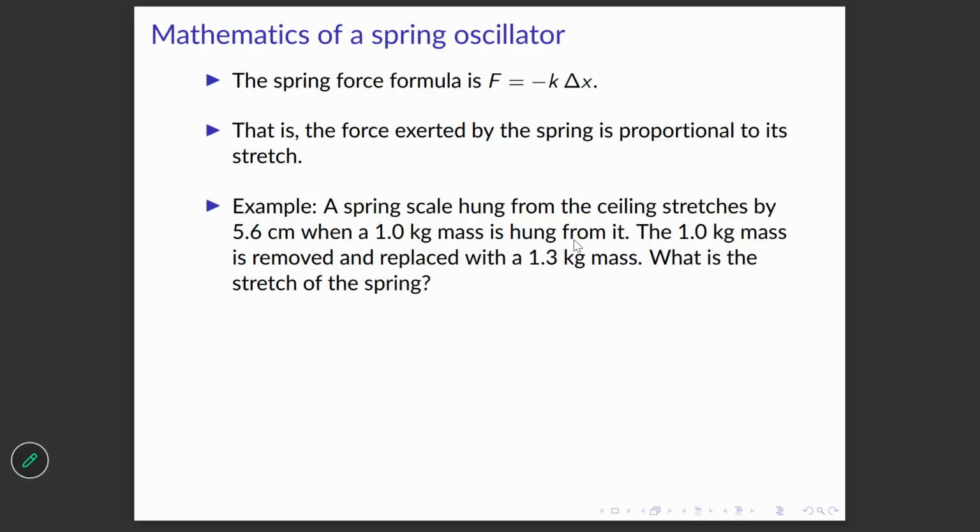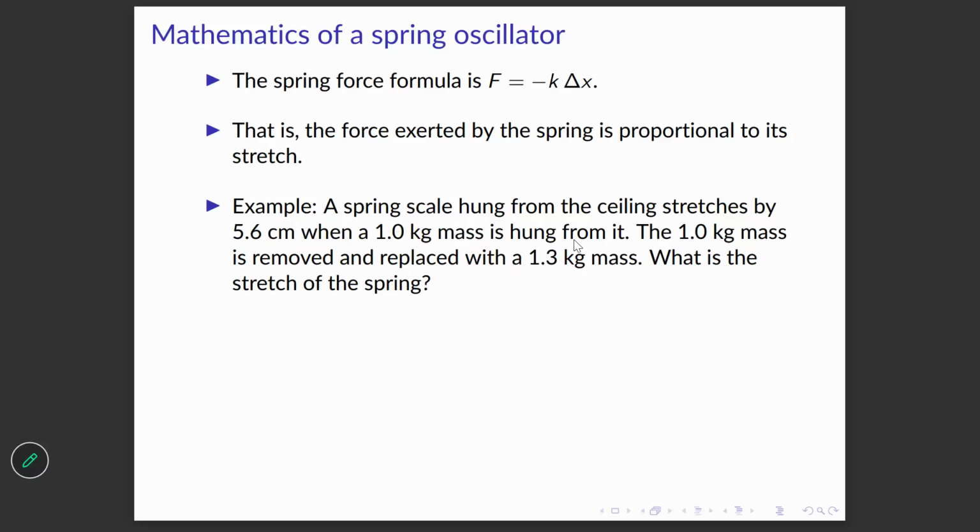So if I dangle this, now I've got an unknown stretch, and I've still got the idea that he's in equilibrium, kx equals mg. It's the same k. It's an unknown x, new m, g does not change.